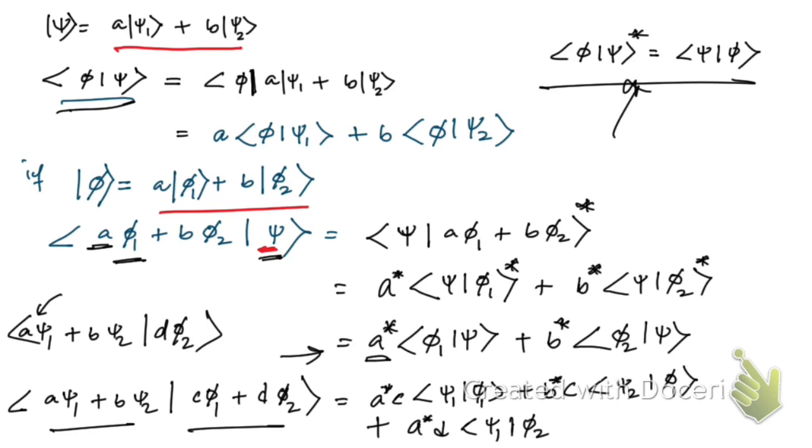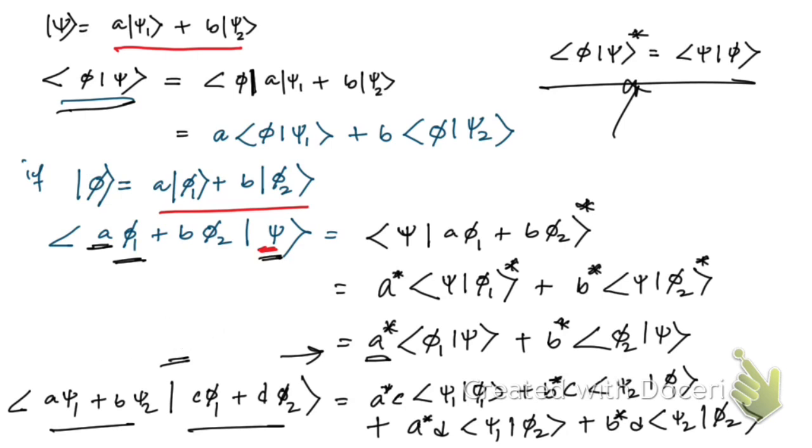Then again b star, then d comes out, then we have psi 2 and phi 2. So this is the complete result from here to there, right? So hope you have understood this. Just take the screenshot, or you can pause the video to note it down.